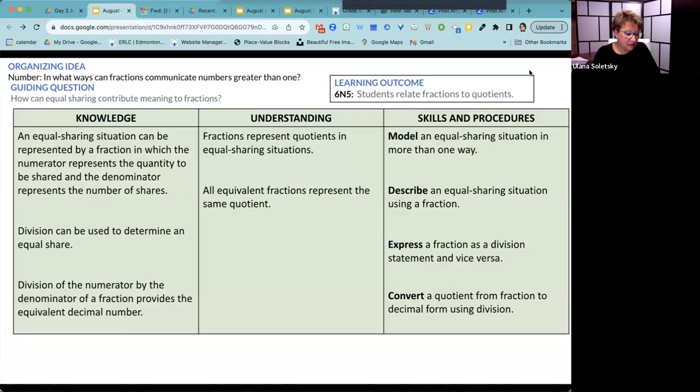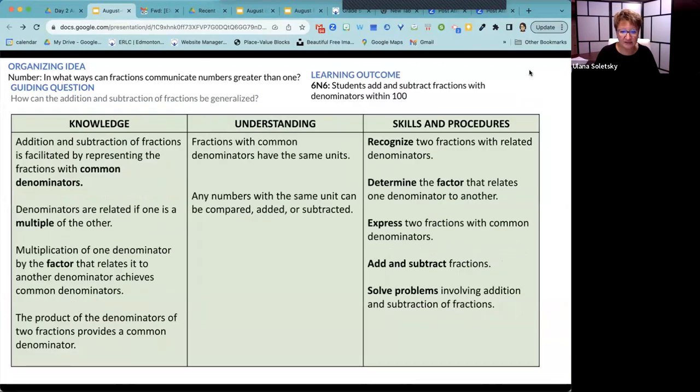And so decimal fractions, again, are any fraction that has a denominator of 10. And so when we have a denominator of 10 and we say it properly, which I'll show you shortly, it really does start to make a lot more sense. Okay, and then in grade 6, we also add and subtract fractions with denominators up to 100.